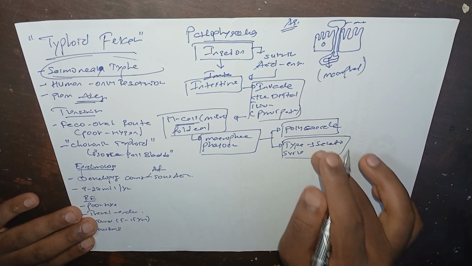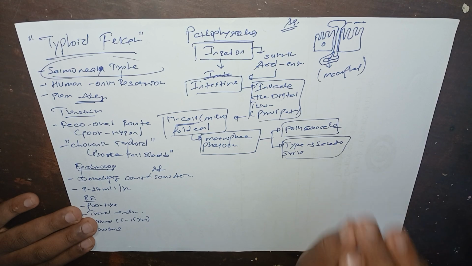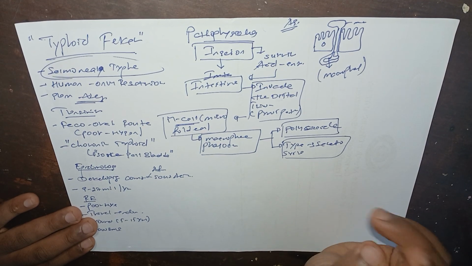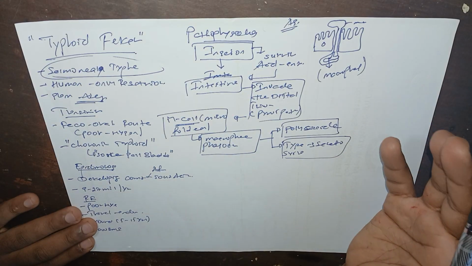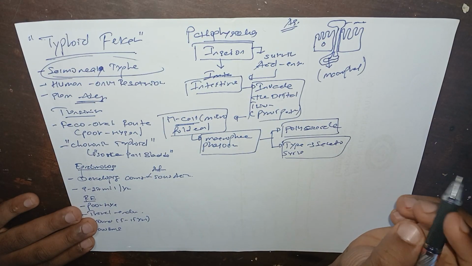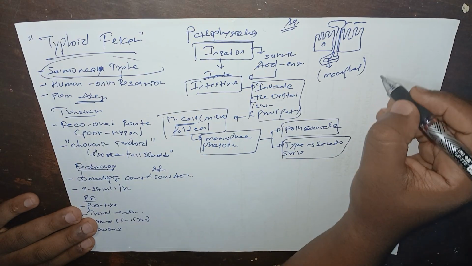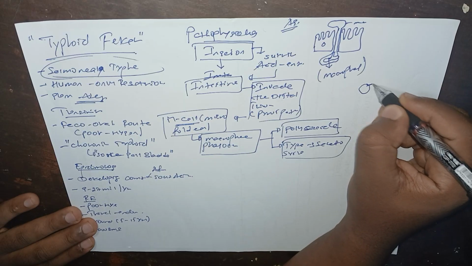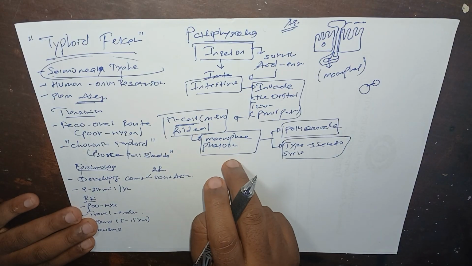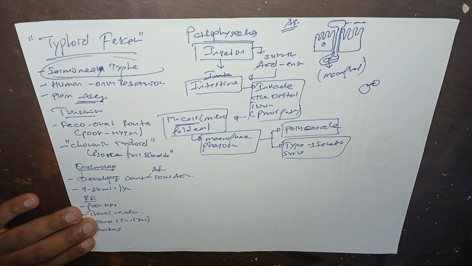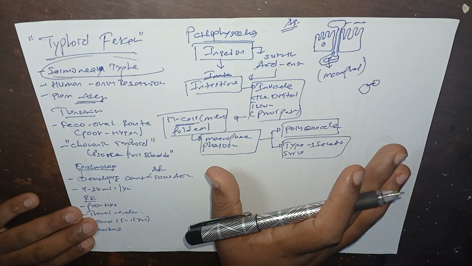So what is the type 3 secretion system? We will discuss it in the next video, in the case of Shigella, in detail. But just to give you a general concept, normally Salmonella Typhi has spikes on its membrane and they attach to the lysosomes. After they are ingested by the macrophage, the next step is the formation of phagolysosomes.